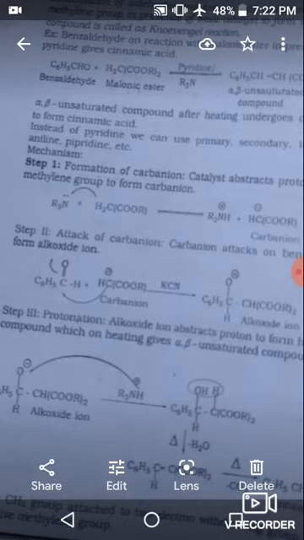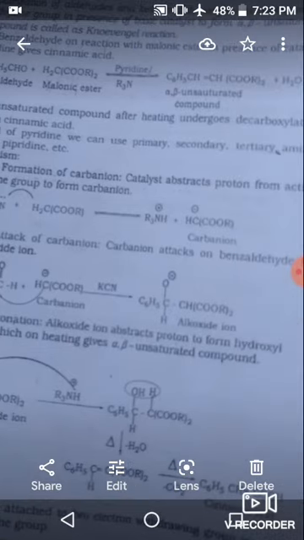Whenever hydrolysis of this alpha beta unsaturated ester takes place, an acid is formed. Whenever this molecule is heated, removal of a CO2 molecule, that means decarboxylation, takes place in this molecule.